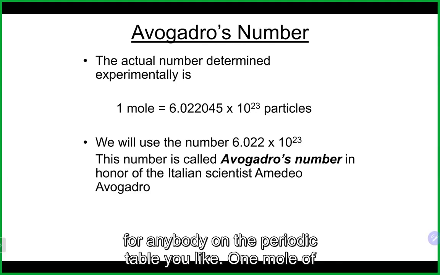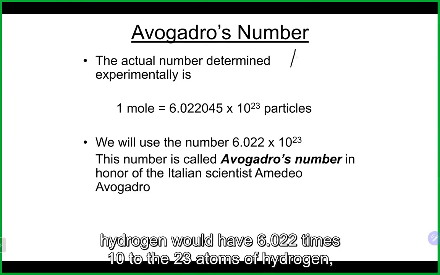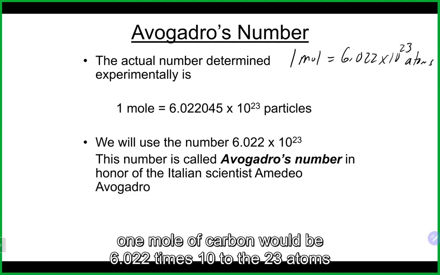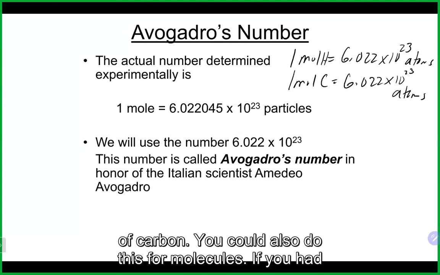You could do it for anybody on the periodic table you like. 1 mole of hydrogen would have 6.022 times 10 to the 23 atoms of hydrogen. 1 mole of carbon would be 6.022 times 10 to the 23 atoms of carbon.